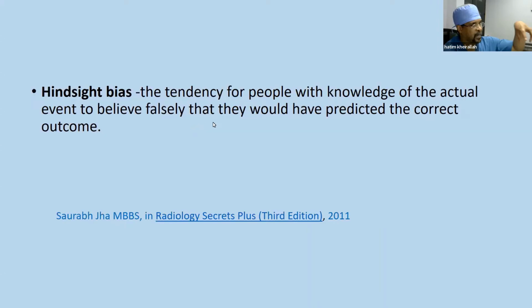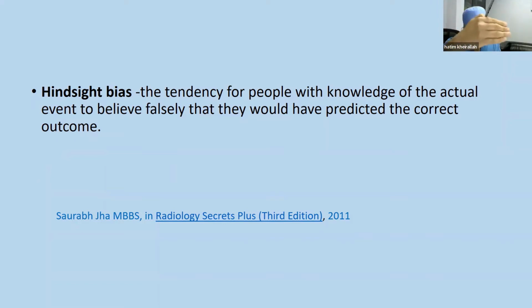Hindsight bias is when people, knowing the outcome of an event, believe falsely that they would have predicted the correct outcome. This is in contrast to the prospective diagnosis. So now you are seeing an echo, you are going to diagnose this prospectively regardless of the outcome of your decision.